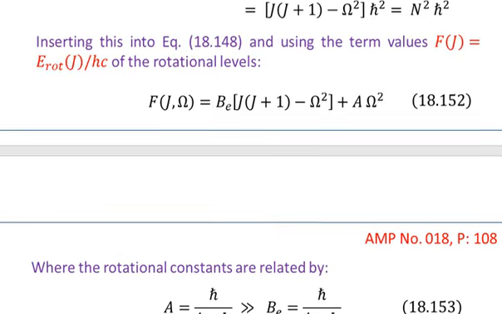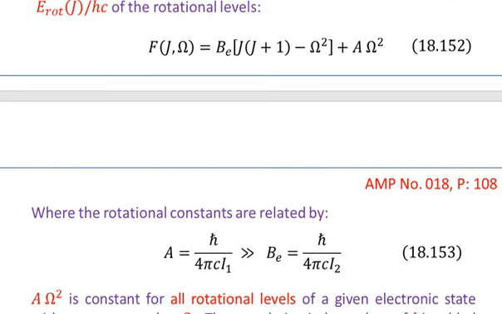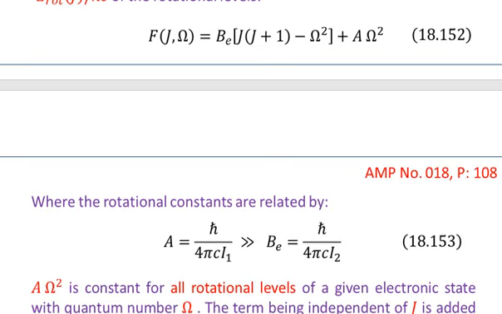Where the constants A and B, B has already been defined, and the constant A is now going to be defined below in equation number 153.